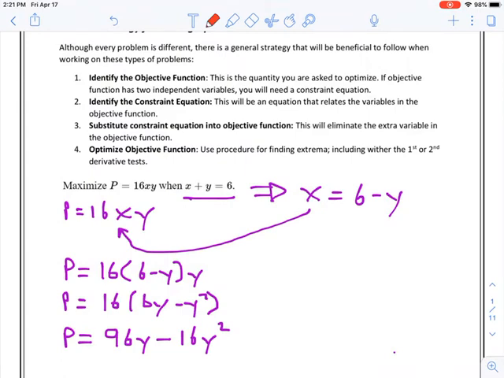What we've done so far is the new part. What we're going to do now, you already know how to do. We are going to take this and find the derivative, p prime. P prime is equal to 96 minus 32y.